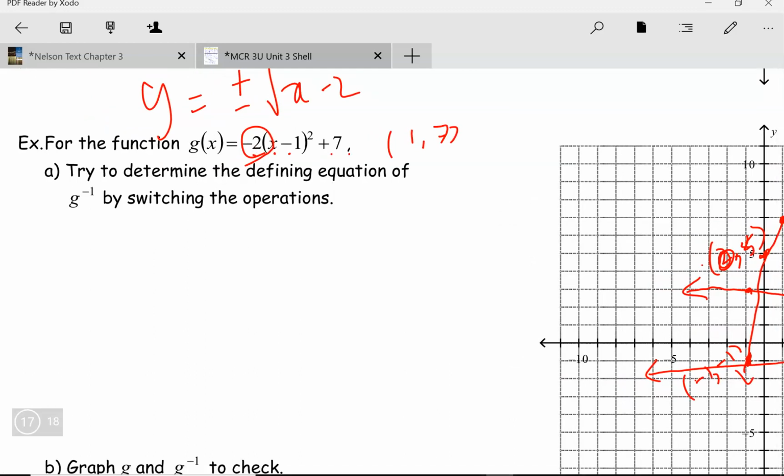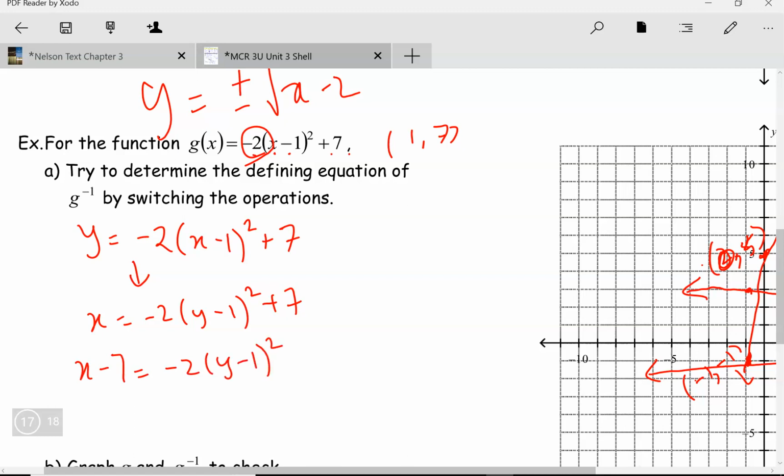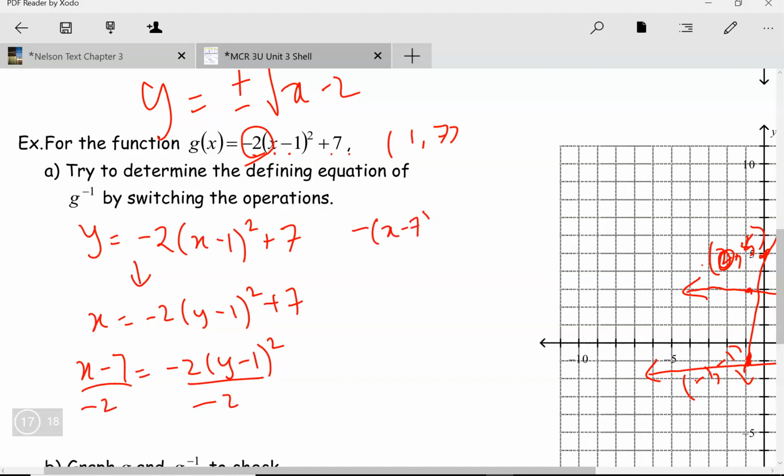Determine the defining equation. Okay, we've done this before. y equals -2(x minus 1) squared plus 7. Switch variables. Move stuff over to the other side. First move the 7. Then divide by -2. I'm going to move the negative to the top so it looks better. Take the square root.